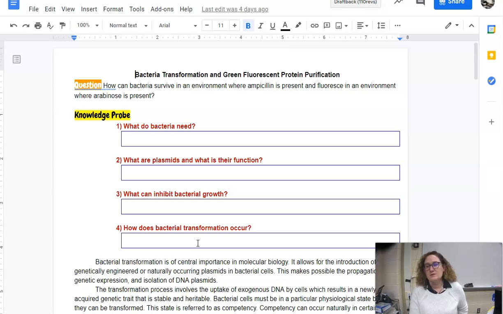But bacteria transformation essentially is when bacteria take up loose DNA out of their environment. So they take in this information and then they incorporate that DNA. They take in loose pieces of DNA, and then they incorporate that into their plasmids. Okay, so it's a way for them to get some new DNA and to get some genetic variation.